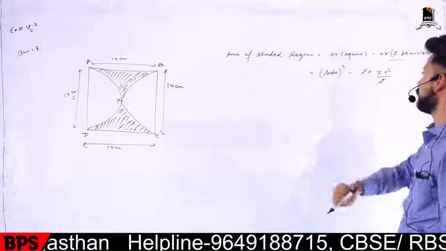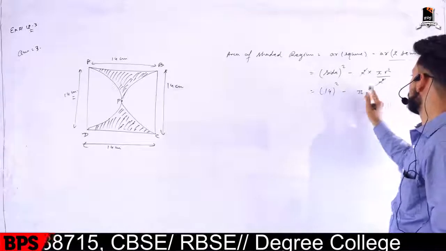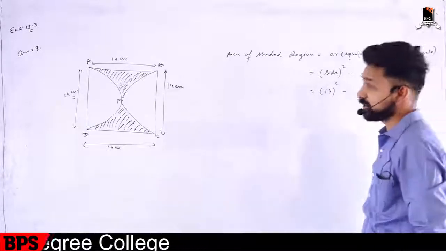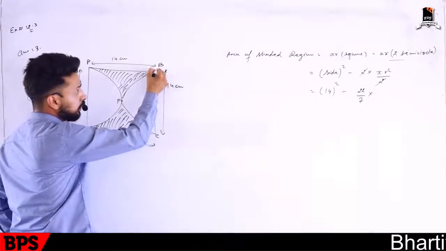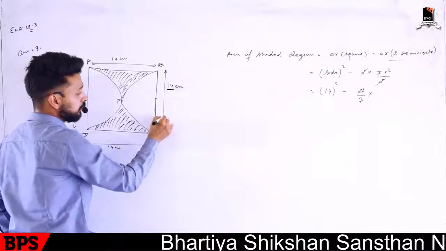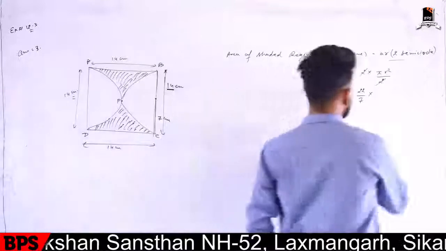So 2 divided by 2, side square 14 square minus pi 22 upon 7. Now for the radius, since it is a semicircle, the diameter of the circle is 14 centimeter, so the radius becomes 7 centimeter.